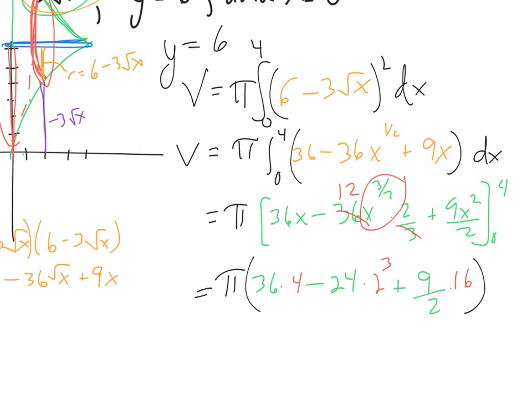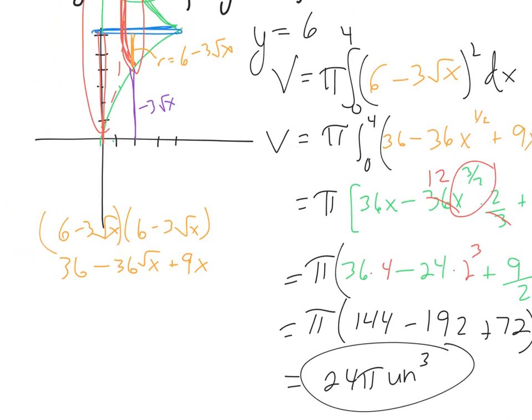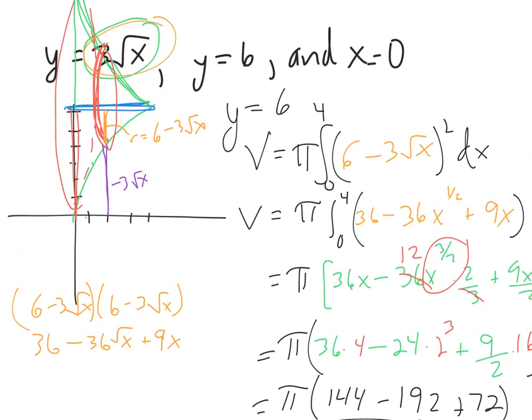So grab a calculator to help you out here at this point, for sure. Pi times, I'm getting 144 minus 192 plus 72 for a final answer of 24 pi cubic units.